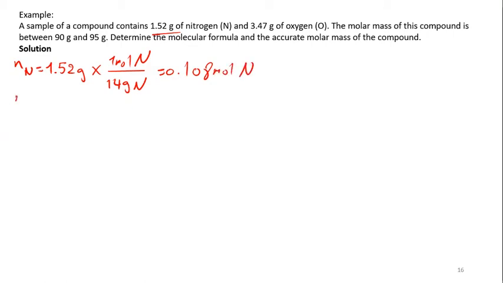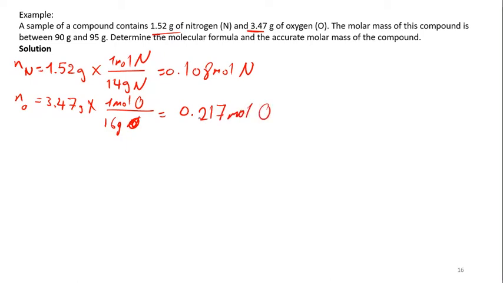Now we need to calculate also the number of moles of oxygen, so that will be 3.47 grams multiplied by, if 1 mole of oxygen contains 16 grams of oxygen. This means oxygen would be equal to 0.217 mole oxygen.